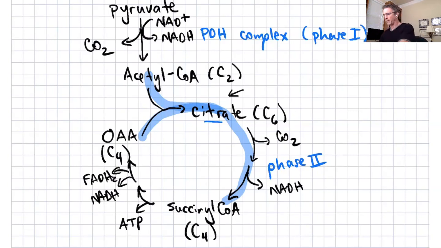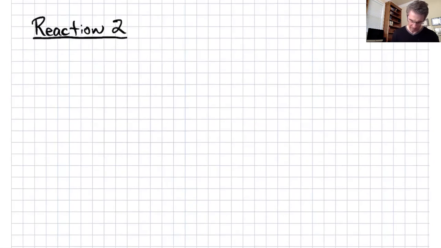All right, so let's just dive right into what I'm going to call reaction 2 of the TCA cycle, or the citric acid cycle. Like I said, reaction 2, in detail: we're going to take acetyl-CoA.